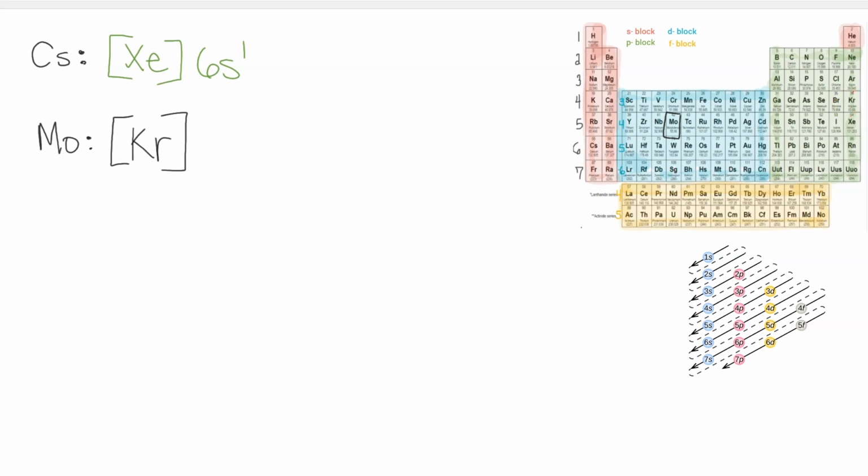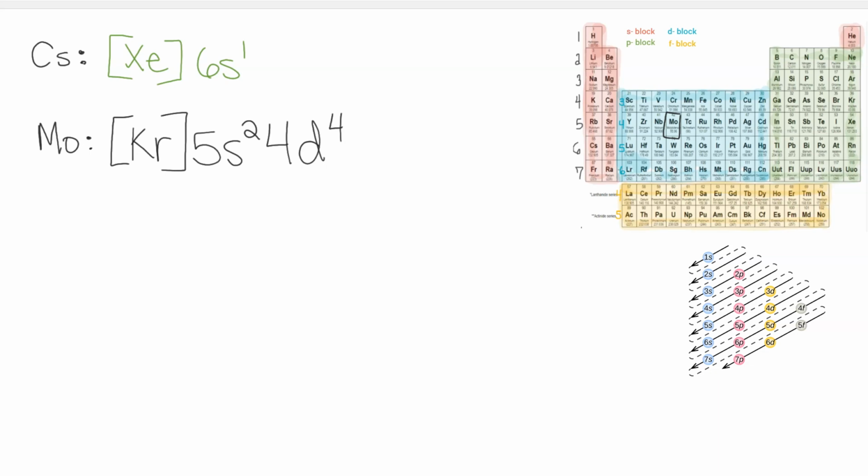So after that, we get 5s2, and then we have 4d, and molybdenum is the fourth one over, so 4d4. 5s2, 4d4. Okay, questions there? Anybody have questions?